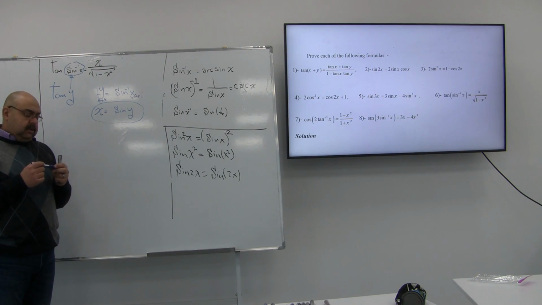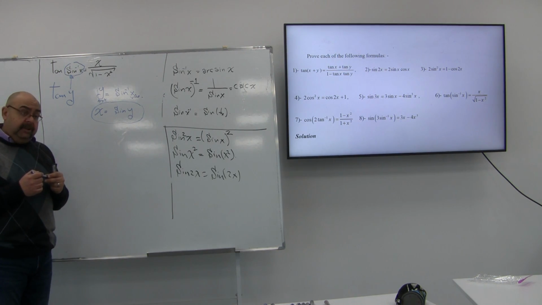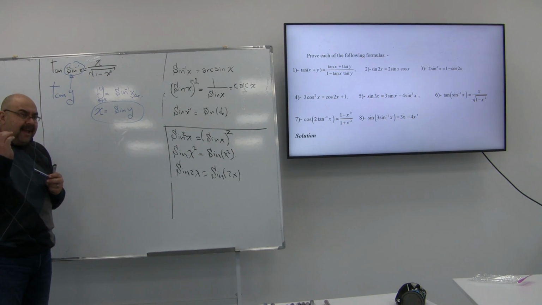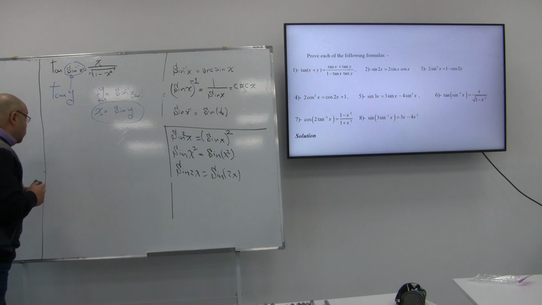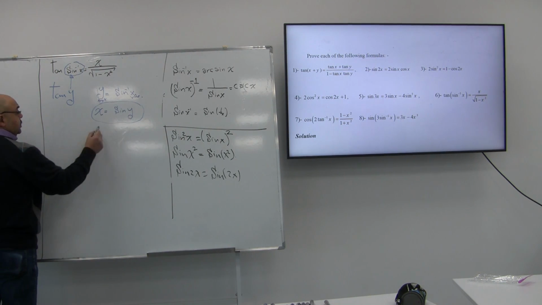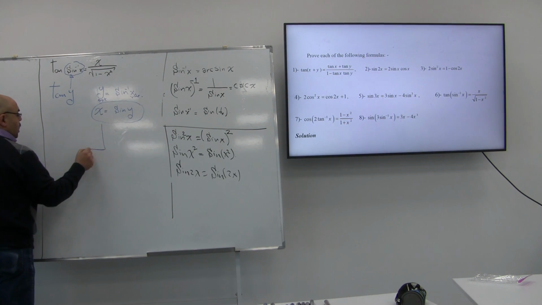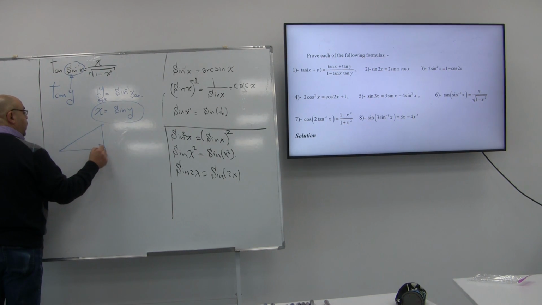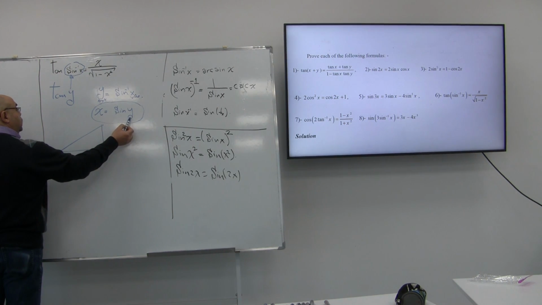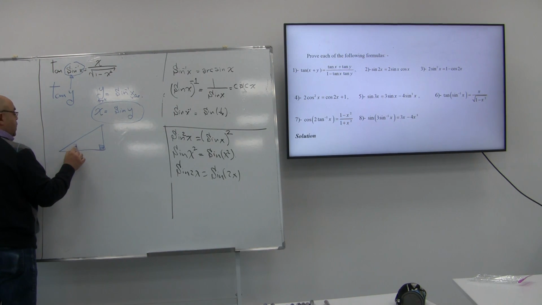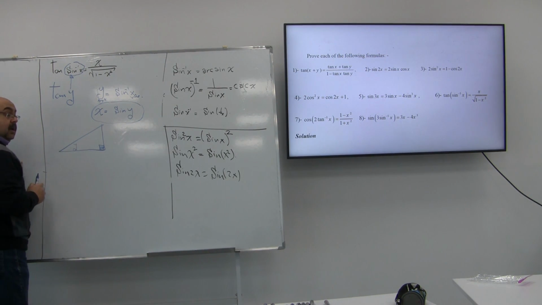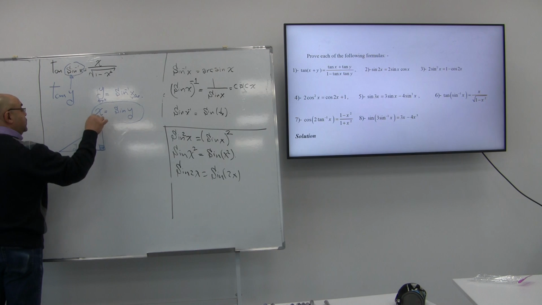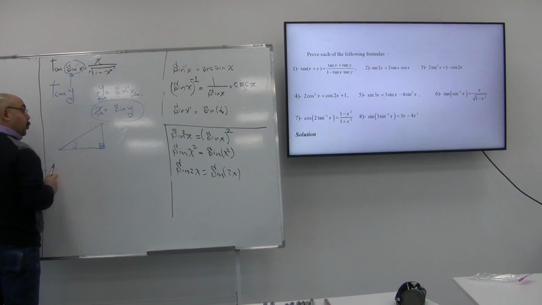Okay, but all the sine or trigonometric functions are relative to triangles, right angle triangles. So what I'm writing here stands for the following. A right angle triangle, for angle y. Let's say y is here, and sine y is equal to x, which means x over 1.